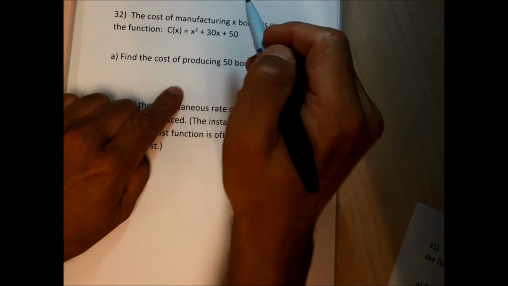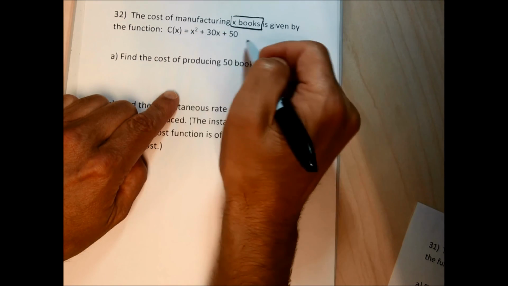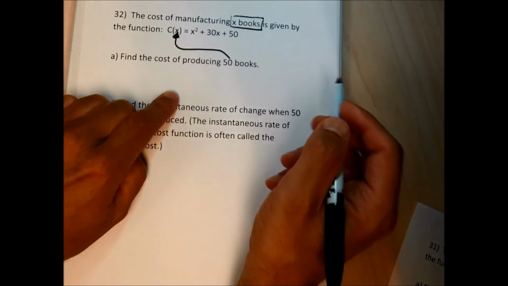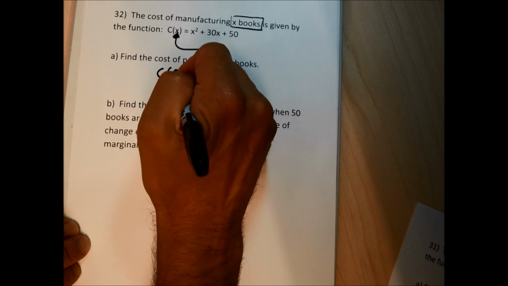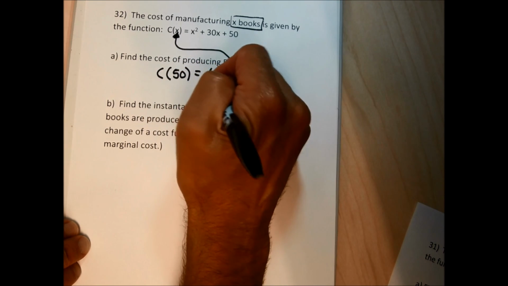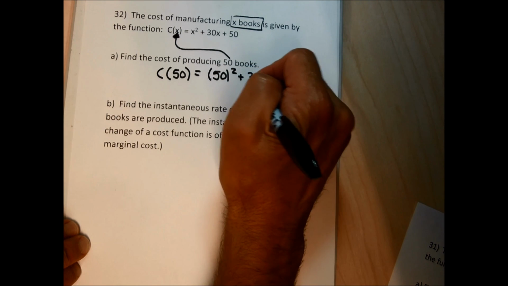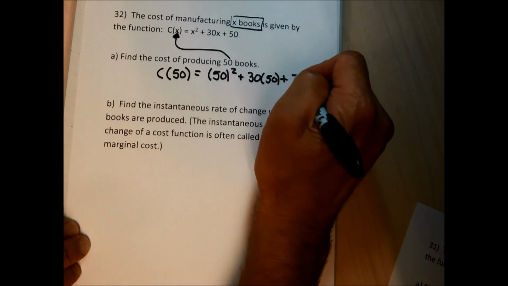Because X represents the number of books, and because this is a cost function, to get the cost of producing 50 books, I'm going to plug 50 in for X. And I get 50 squared plus 30 times 50 plus 50.